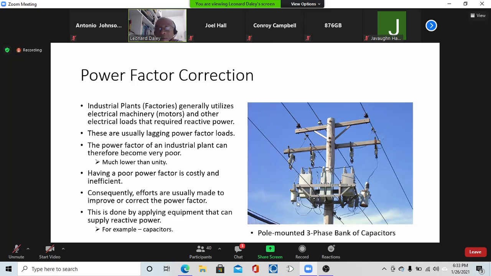So the capacitors are connected close to the transformers, usually connected close to the loads. So when you're out on the street, you can look up and see, if you see these kind of rectangular shaped boxes, these would be the power capacitors. All right. For 3-phase system, it's usually referred to as a 3-phase bank, or a bank of 3.